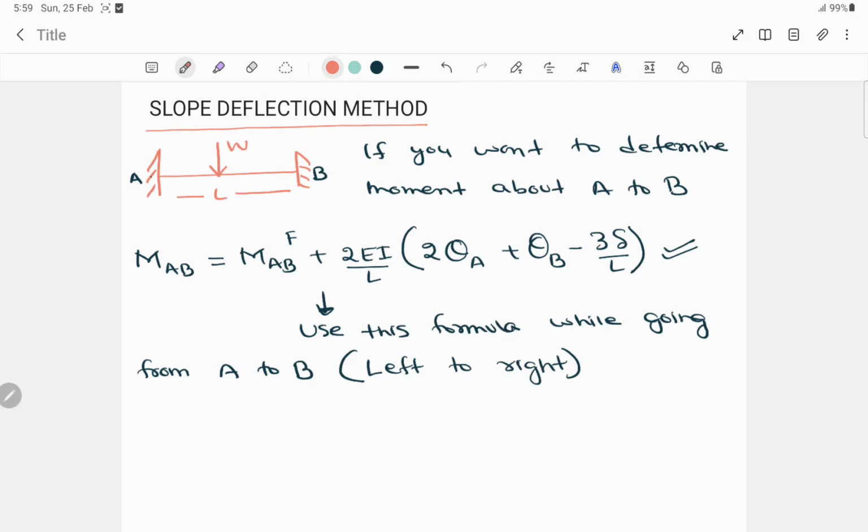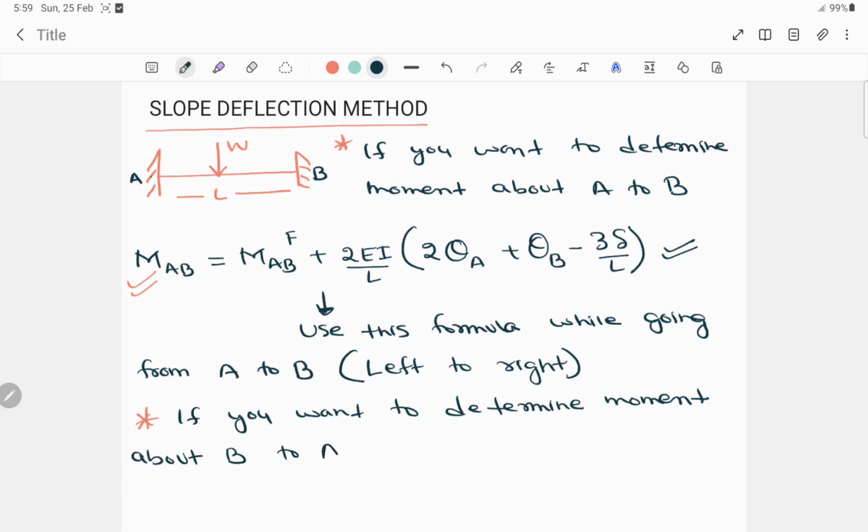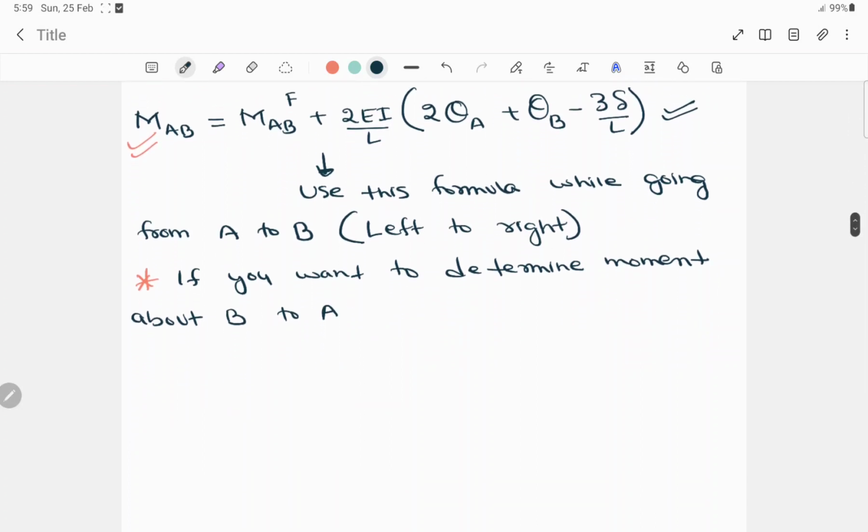Now we have this formula with us. I'll star mark it. Now if you want to determine moment about B to A, then we have to use this formula.